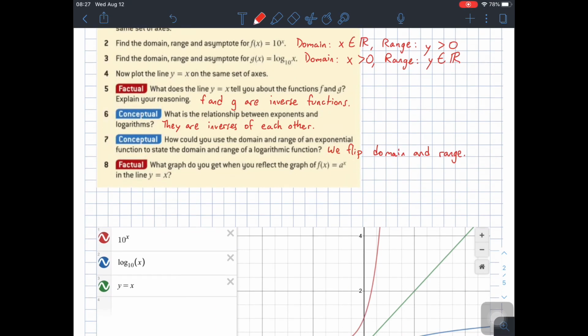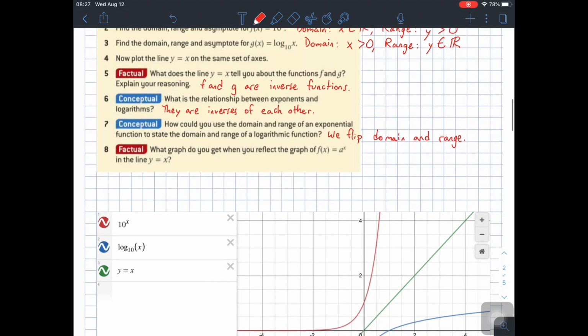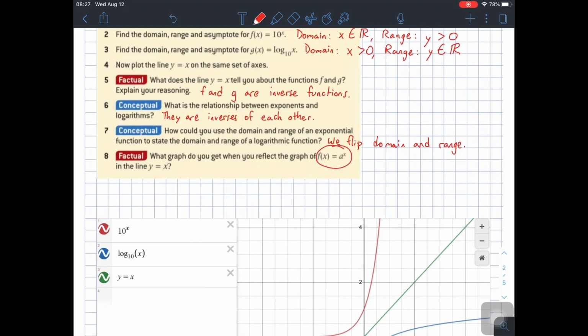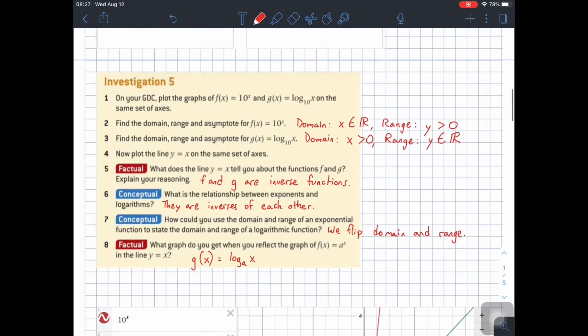Finally, what graph do you get when you reflect the graph f of x equals a to the power of x in the line y equals x? So if we reflect an exponential function with respect to this line, we're going to get the inverse function, which I'm going to write as g of x equals log base a of x. You see that here we have a to the power of x, and here we had 10 to the power of x, and the inverse was log base 10 of x.